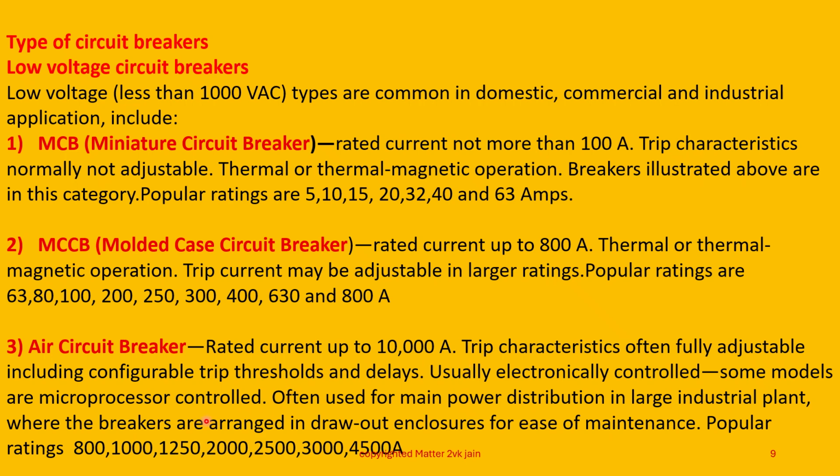Often used for main power distribution on large industrial plant where the breakers are mounted in drawout enclosures for ease of maintenance. Popular ratings are 800, 1000, 1250, 2000, 2500, 3000 and 4500.